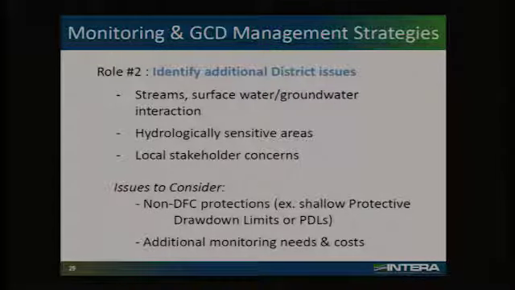And then if you are putting in additional, non-DFC limits, then you would need additional monitoring and additional costs to cover that monitoring to address those concerns.